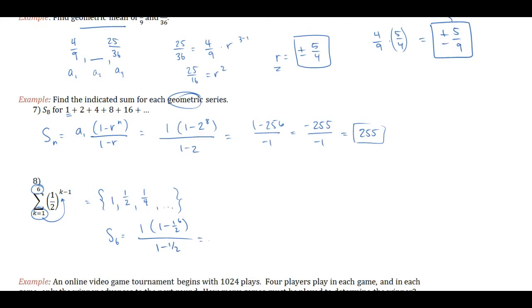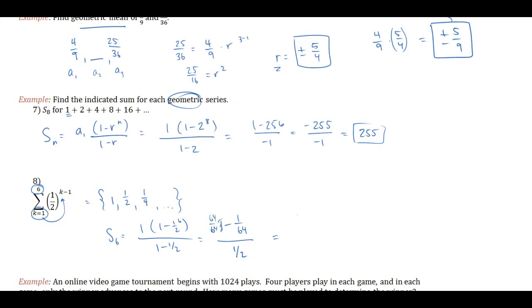So again, 1 minus 2, 4, 8, 16, 32, 64. So that is 1 minus 1/64 all over negative a half. Oops, I'm sorry, positive a half. That is the ugliest looking half ever. And now I can just change that to 64/64.